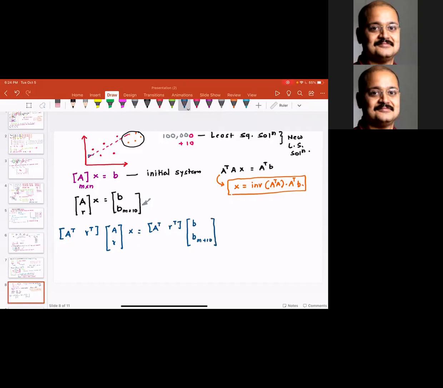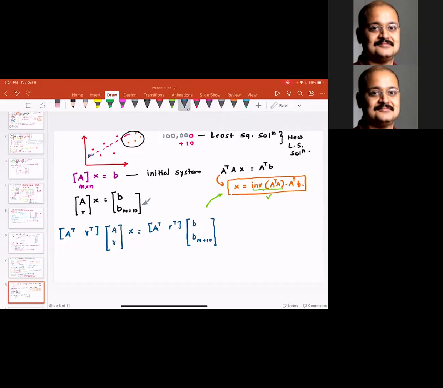The next step is obviously to repeat what we did over here. But at this point, I want you to understand that with a lot of computational effort, we already found out this value. So A transpose A inverse is already known.